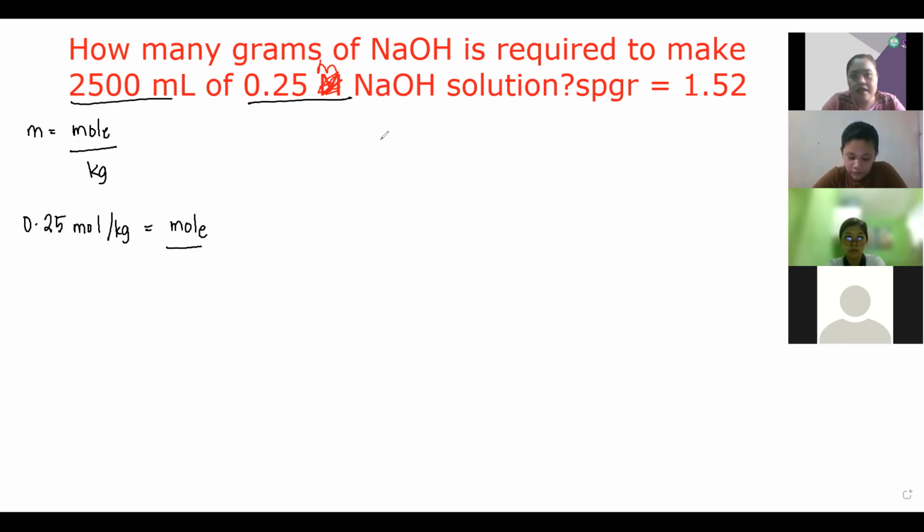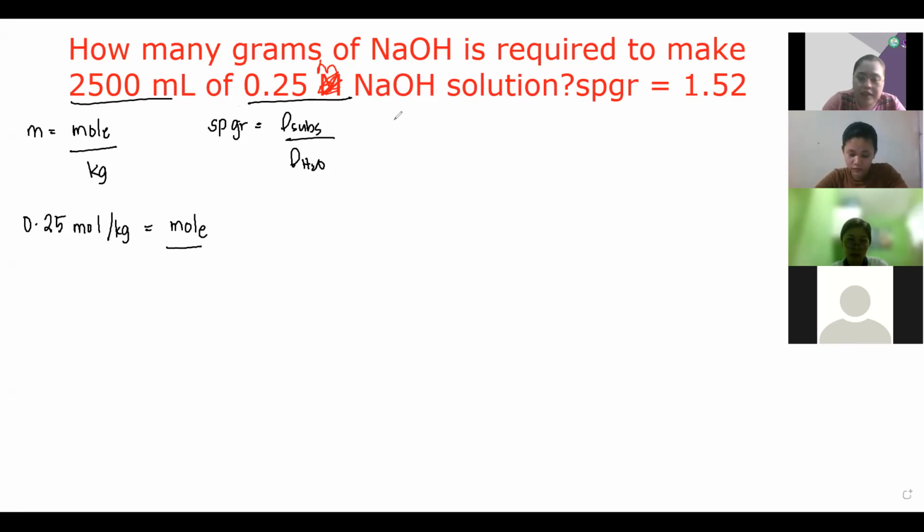And since this is not distilled water, we need the specific gravity. Okay, so I will just let you see the conversion of the specific gravity to the density, pero ganun pa rin naman yung answer dyan. Specific gravity is equal to the density of the substance divided by the density of water.